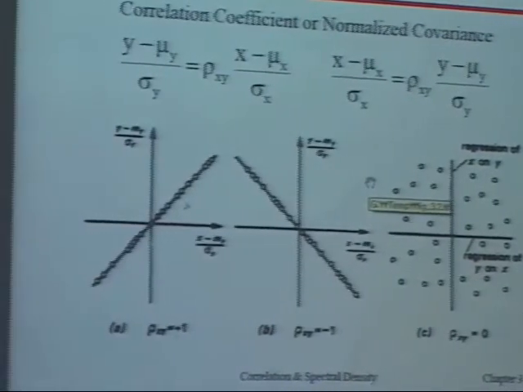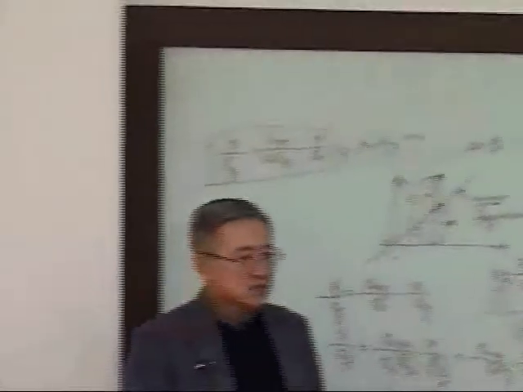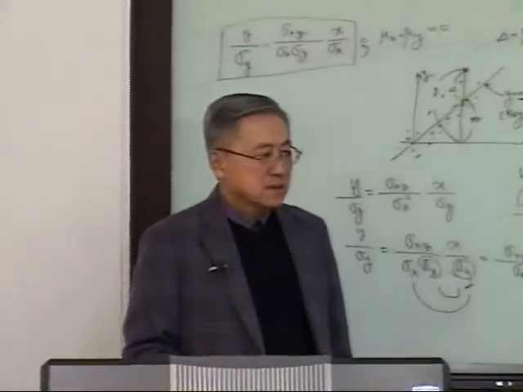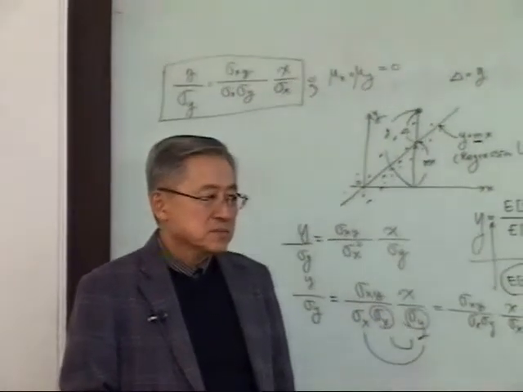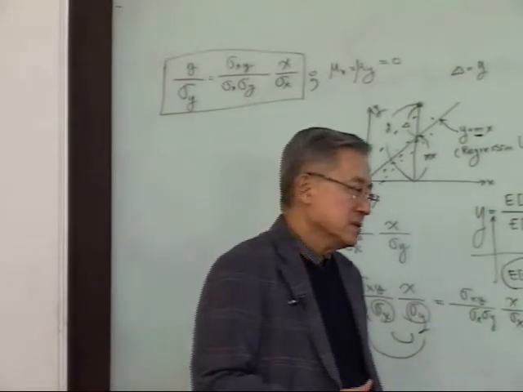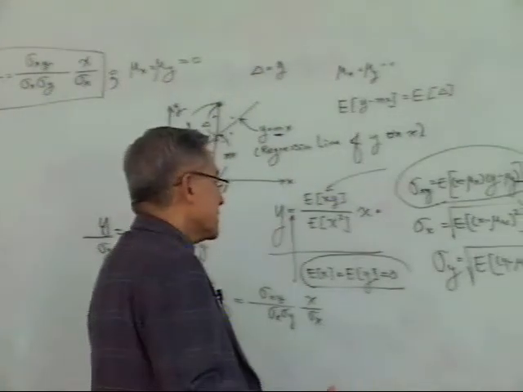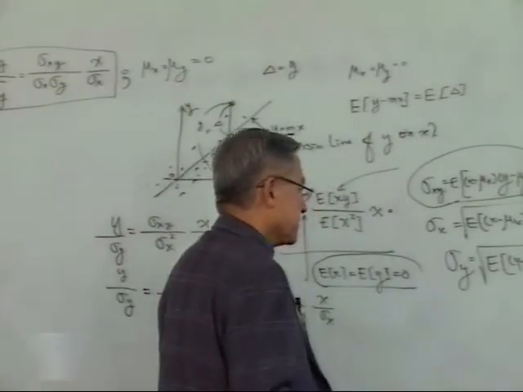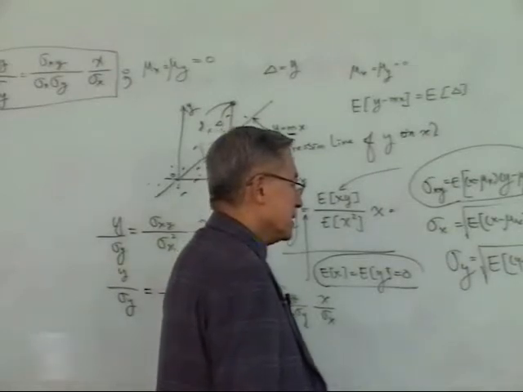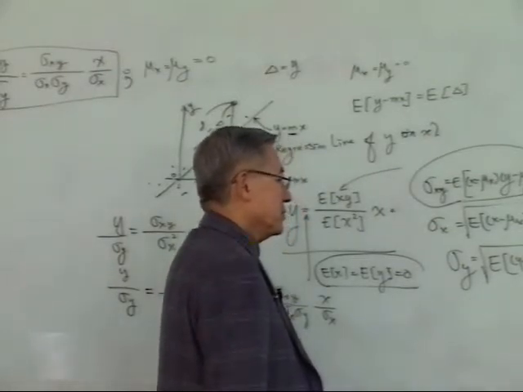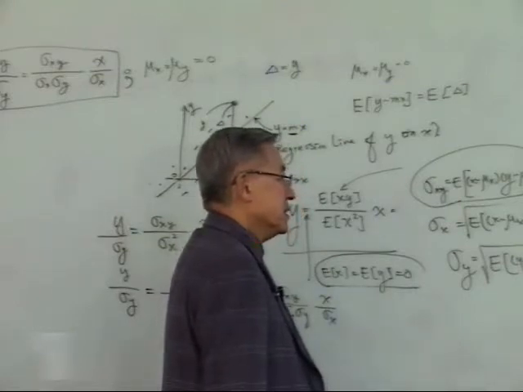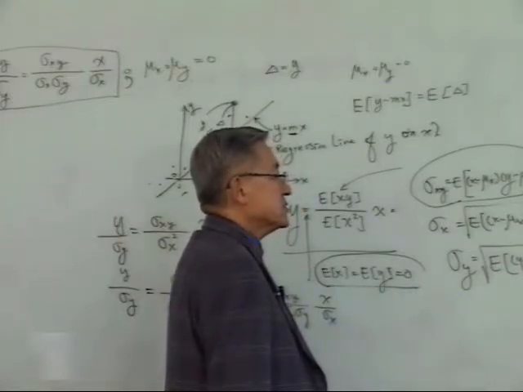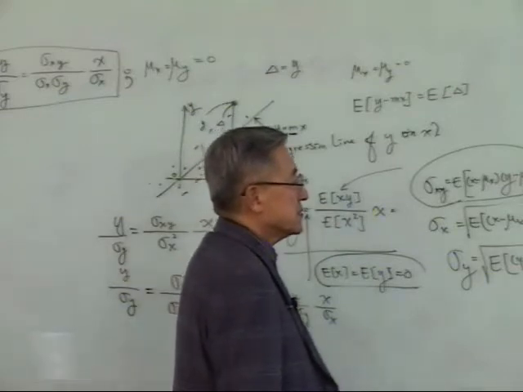Math is simple, but get the engineering sense out of it, and then you will be more comfortable. It's getting into correlation now, the correlation between x and y, which could be random variables. There is a degree of correlation, and we'll discuss it Wednesday.